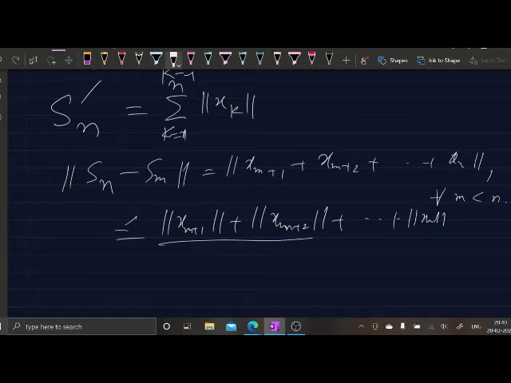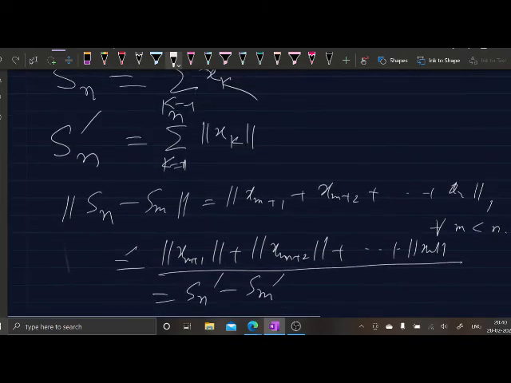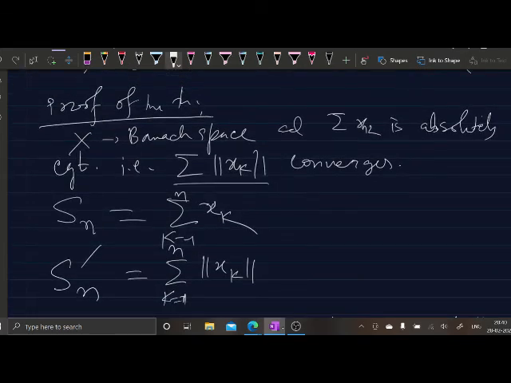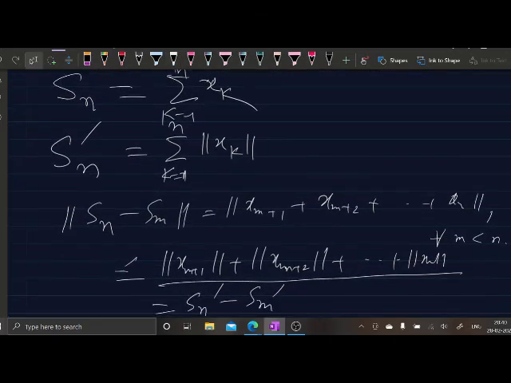Now if you take this sum, it is actually Sn dashed minus Sm dashed, right? Since you have already assumed that this series converges, that means the nth partial sum of this series converges.